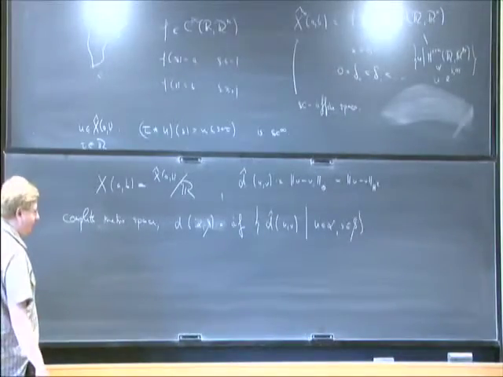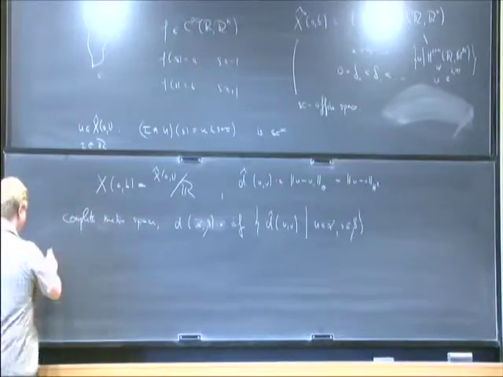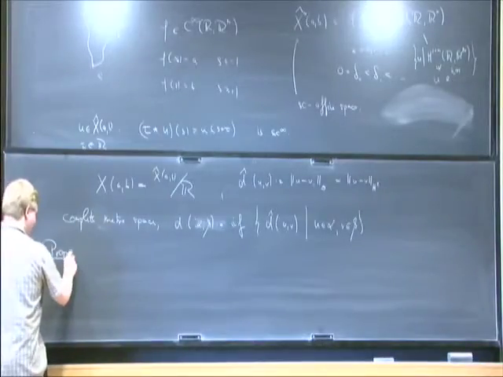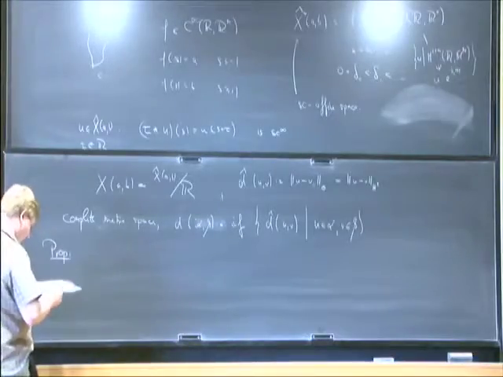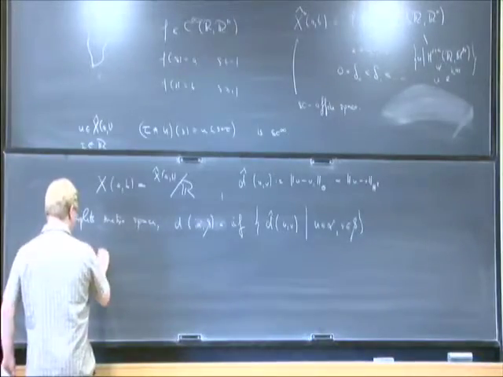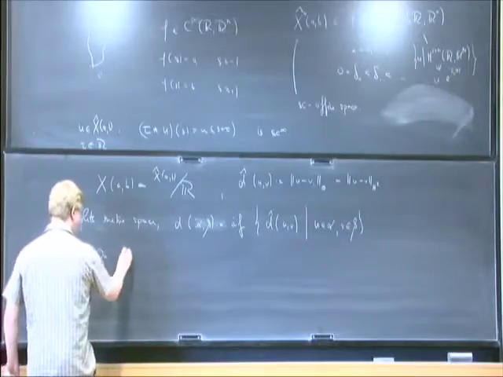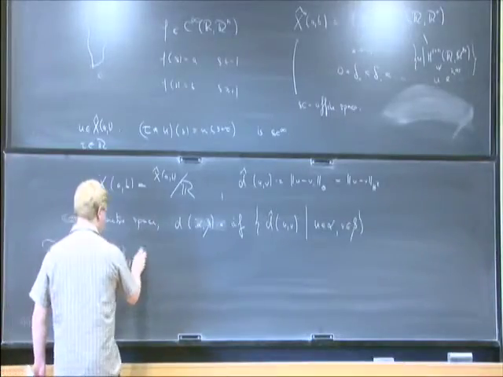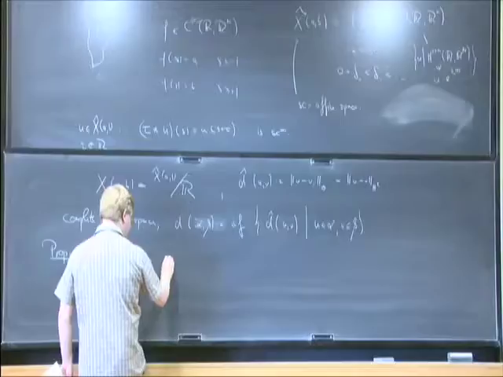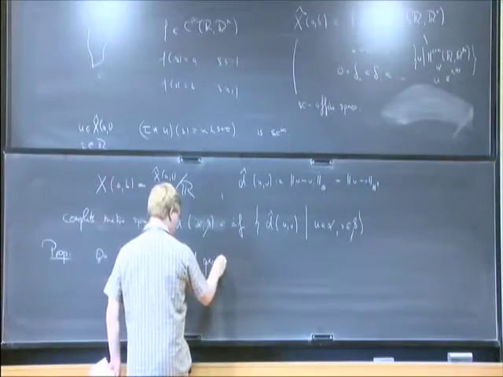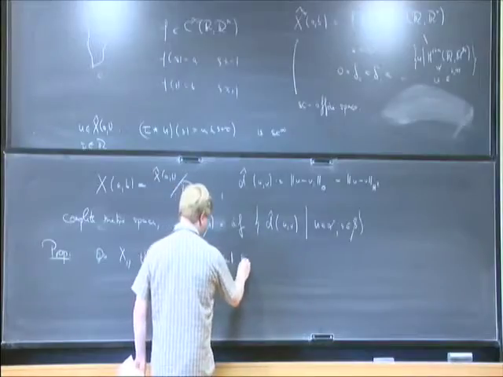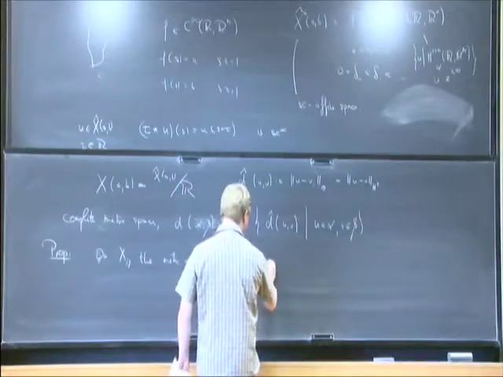I won't demonstrate it. Actually, I want to write a little proposition here. X is not only a complete metric space, but the metric topology and the quotient topology agree.